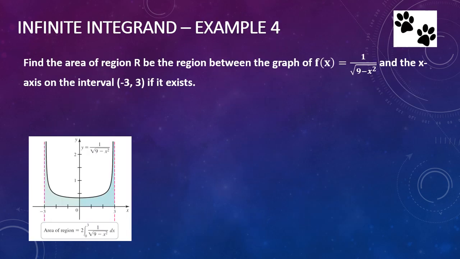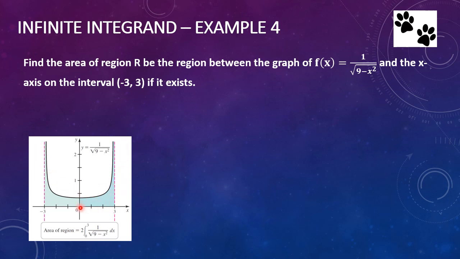So let's look at our next example for an infinite integrand, example 4. Find the area of region R, the region between the graph of f of x equals 1 over the square root of 9 minus x squared, and the x-axis on the interval -3, 3, if it exists. So we can see here that this is a symmetrical function around the y-axis.